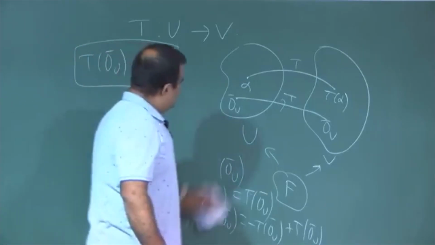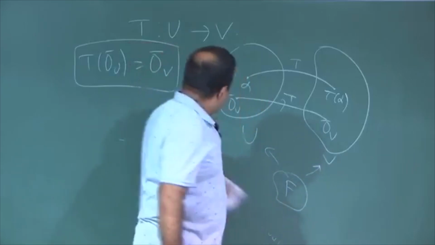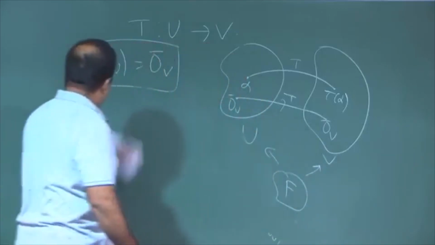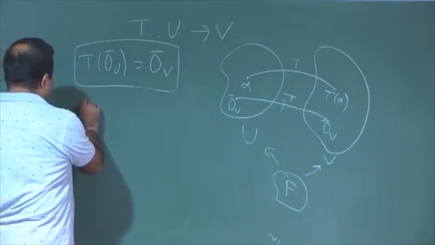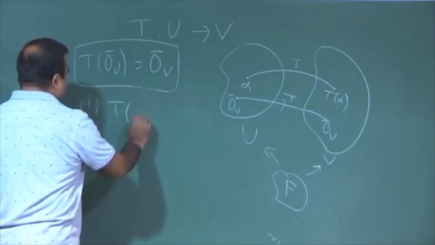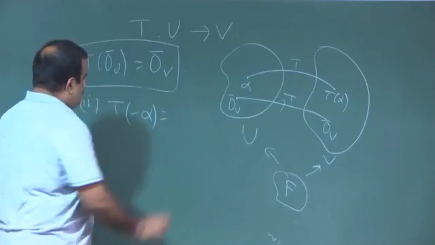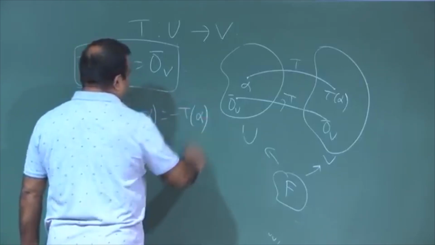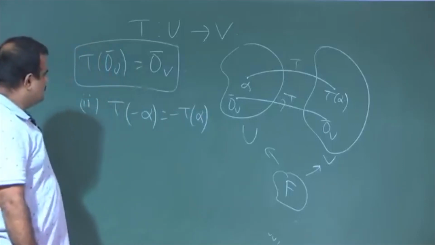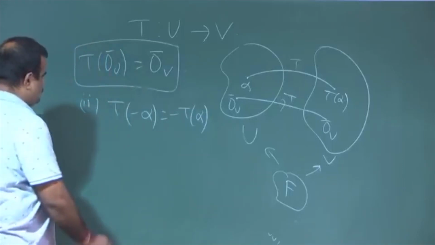Another property is that, for alpha, this is the second property: T of minus alpha is equal to minus of T of alpha. Again we can prove this in this way.